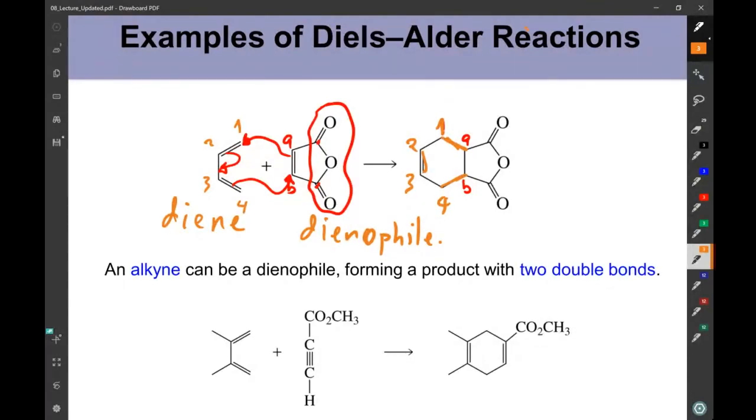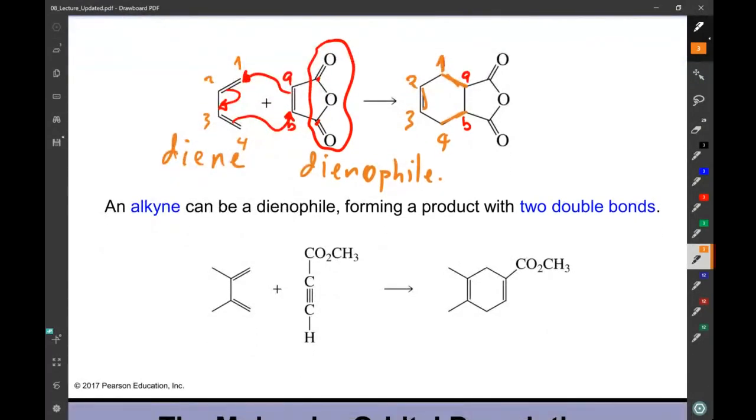A triple bond can also act as a dienophile. And if the triple bond acts as a dienophile, your dienophile is always labeled A and B, and the diene is labeled 1, 2, 3, and 4. That's always it.